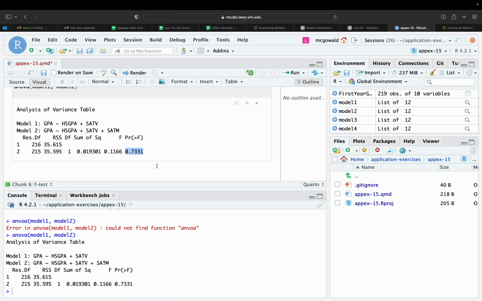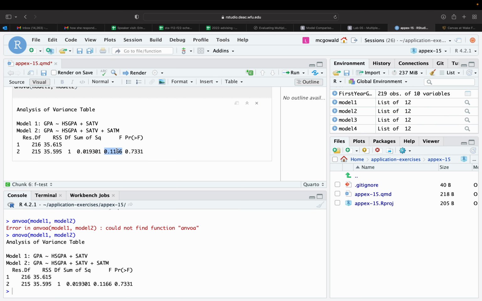And how do you interpret this p-value in the context of this test? The probability of getting an F statistic equal to or greater than the one we calculated here.